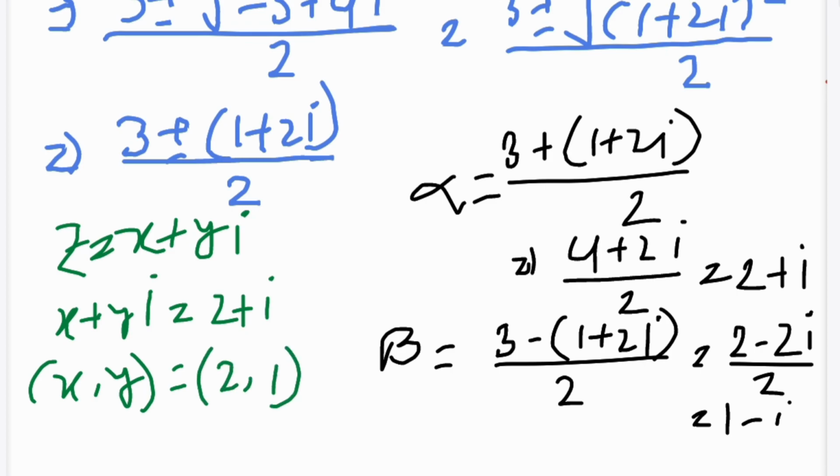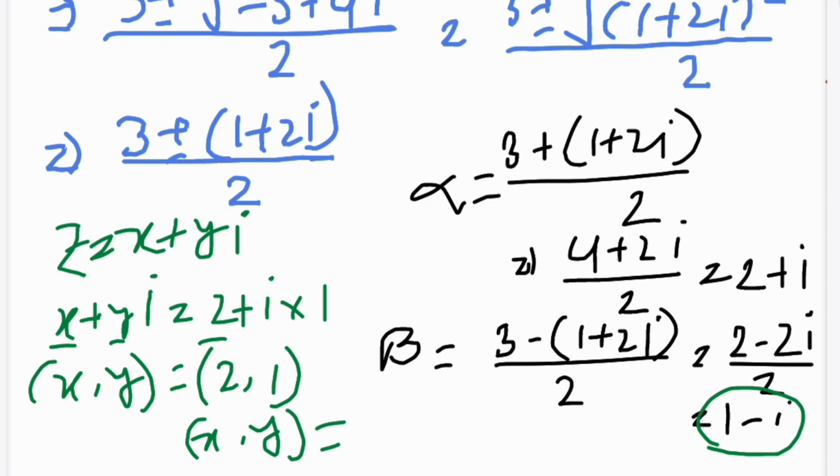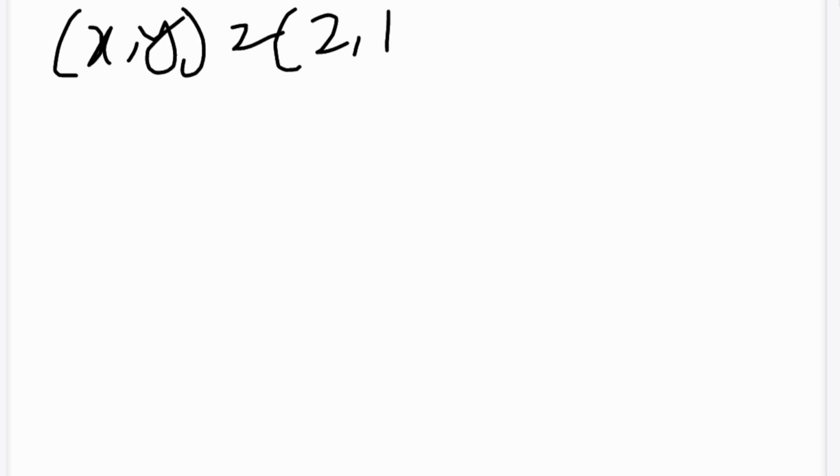Basically this is x and this is y, so y is 1 here. And similarly from 1 - i we get x, y as (1, -1). So the set of solutions for the given equation is (x, y) = (2, 1) and (1, -1).